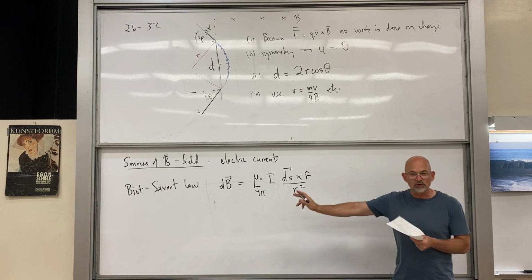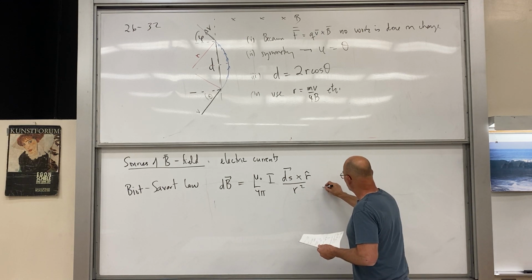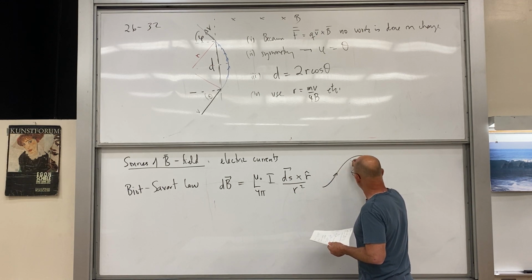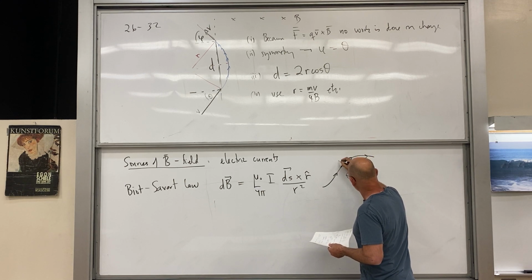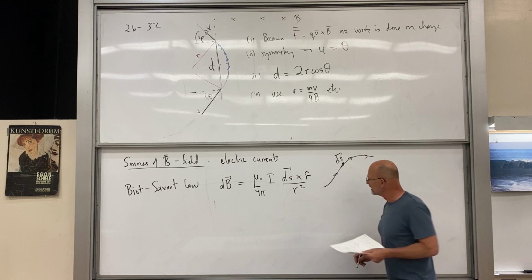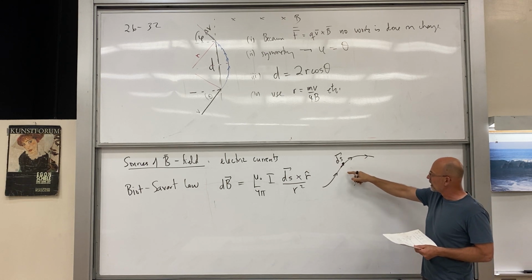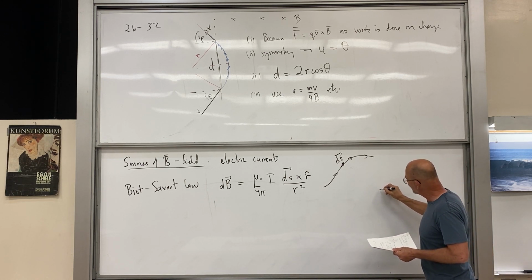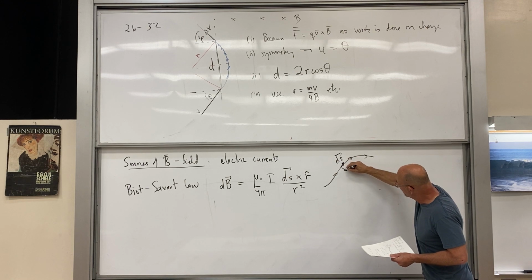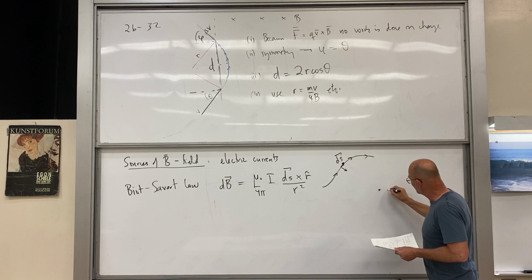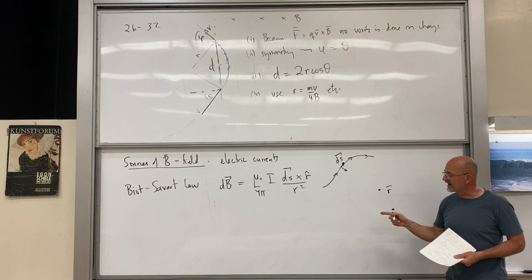So it's a 1 over r squared behavior, and this ds is some infinitesimal length element along your current, and this r hat is the unit vector that points at this point r in space.